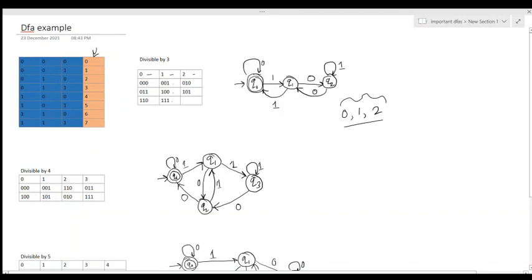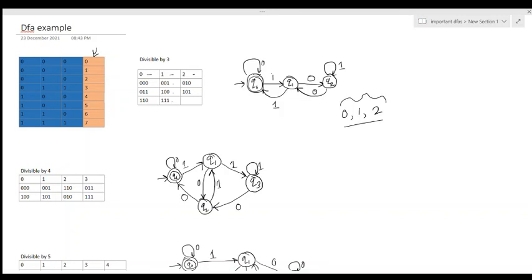So for 3 remainders in the DFA design, we have to take 3 states. Q0 signifies remainder 0, Q1 remainder 1 and Q2 remainder 2.